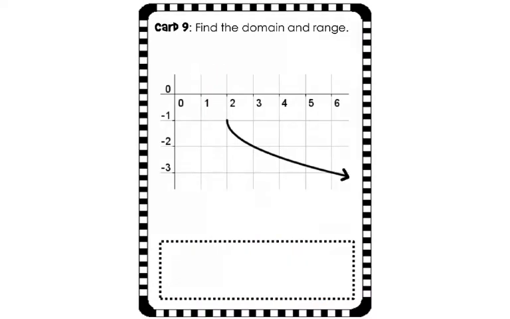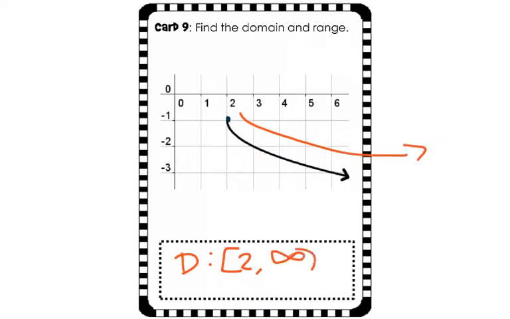Okay. Alright, let's do this one. So these can be confusing. It's really supposed to just start right there, and then the arrow means keep going forever. So the domain, it's going to start when the x is at 2, and then it's going to go to the right forever, so we're going to do infinity.